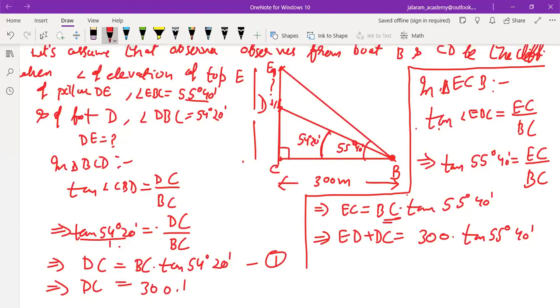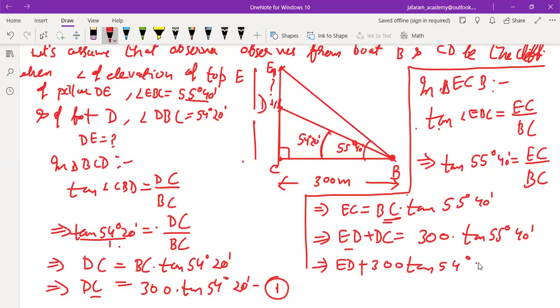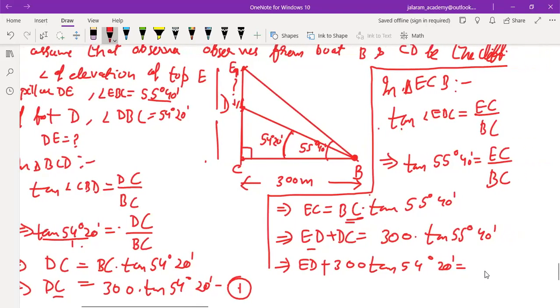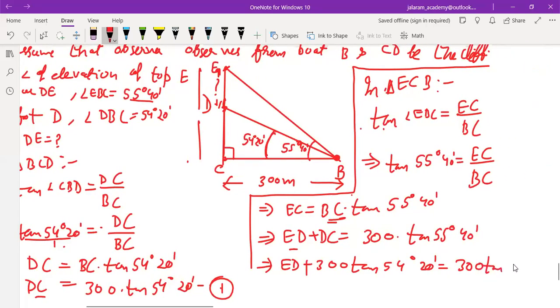Though we can do one more thing in equation 1 also. DC equals 300 tan 54 degree 20 minutes is the equation number 1. In place of this, equation 1 is written in terms of 300. Now ED we have to find, and value of DC is given, 300 into tan 54 degree 20 minutes. ED plus 300 tan 54 degree 20 minutes equals 300 into tan 55 degree 40 minutes.